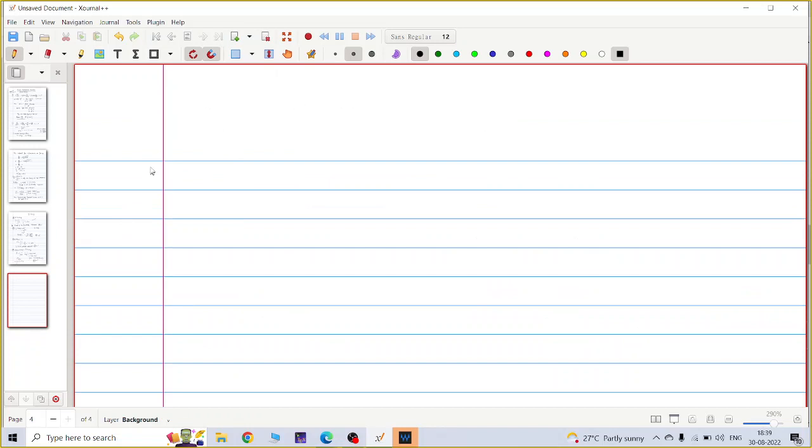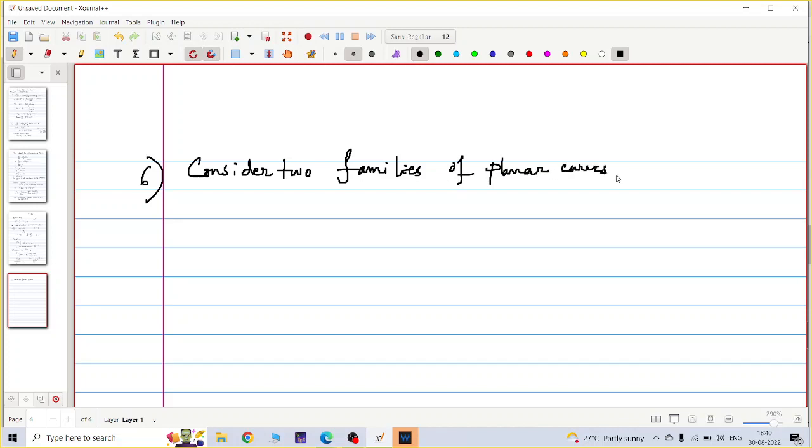The question is that consider two families of planar curves, phi equal to constant and psi.